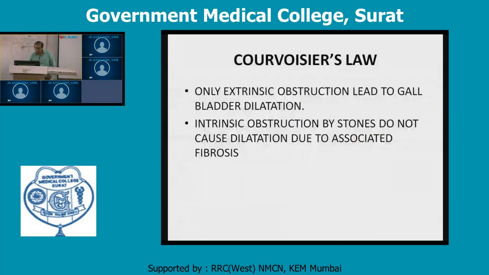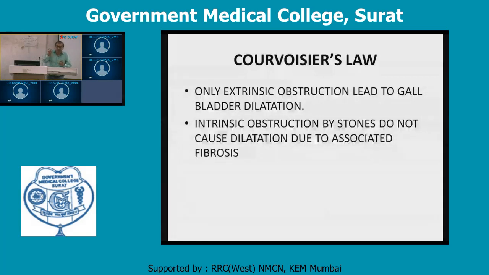Now, there is one rule. I told you that a gallstone can lead to obstruction, but not only the gallstone, certain other factors also lead to obstruction, and those factors come from the external aspect, the external pressure. For example, a malignancy of the head of the pancreas.